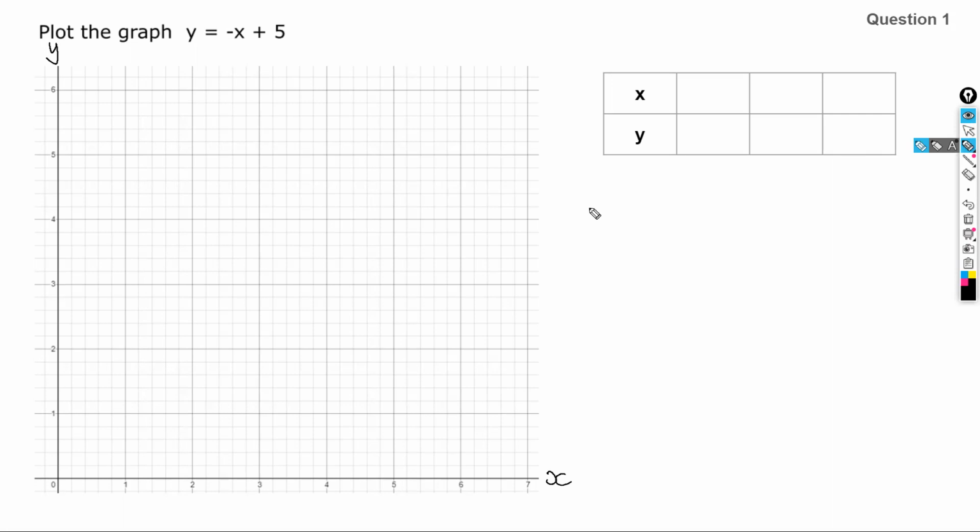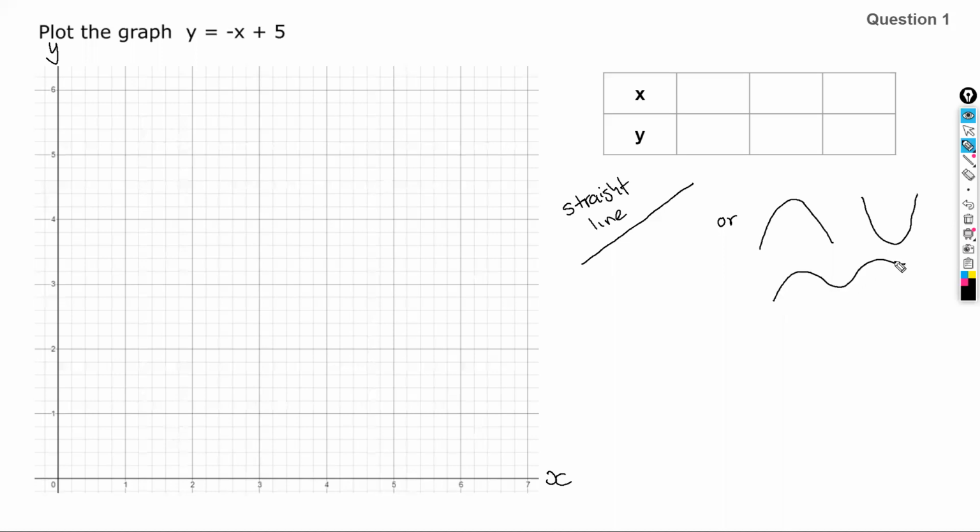When you draw a graph, you can either get a perfectly straight line, or you can get a curve. Like you can get a curve going up, a curve going down. You have all kinds of different curves. The point is the curves are opposite of straight lines.